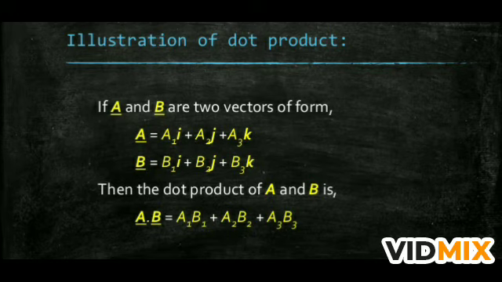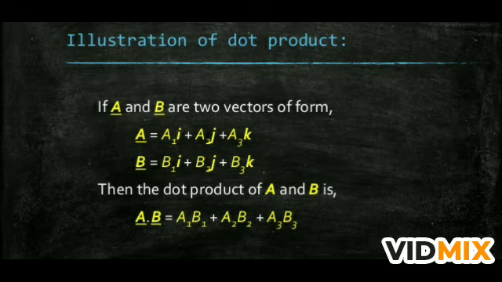Similarly for b, b1 i cap, b2 j cap, and b3 k cap are the components of vector b in x, y and z directions. So i is the unit vector in x axis, j is a unit vector in y axis, and k is a unit vector in z axis. If we multiply a and b, a dot b is equal to a1 b1 i dot i.